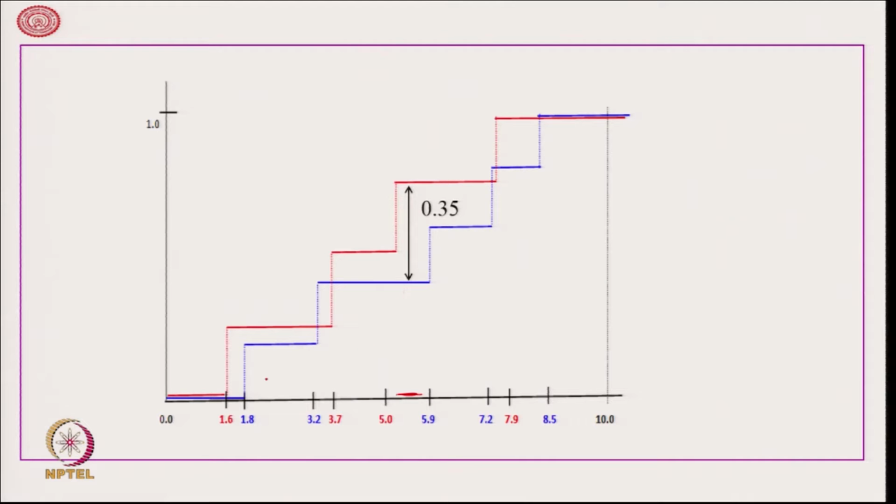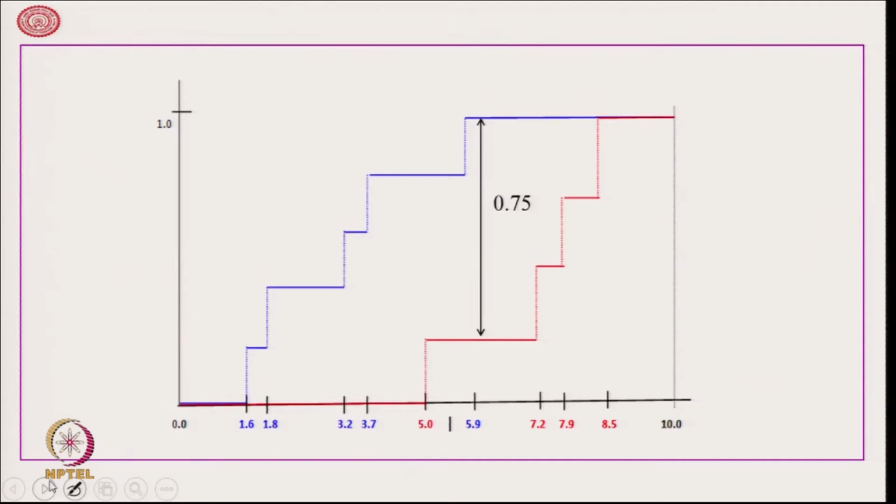At this point it is 0.2 plus 0.2, therefore 0.4, and at this point it is 0.25 plus 0.25 plus 0.25, therefore 0.75. Therefore, the difference is 0.35. On the other hand, with respect to the second diagram, in a similar way we can see that around this region the maximum difference has a magnitude of 0.75.